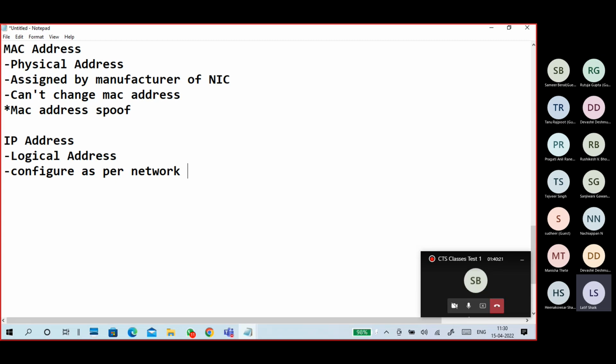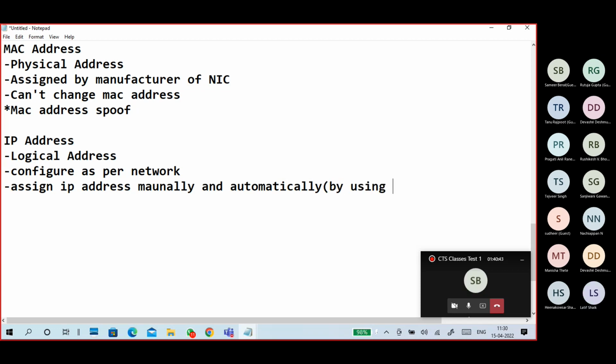We can assign an IP address manually, and automatically also by using a DHCP server. So IP address is changeable.